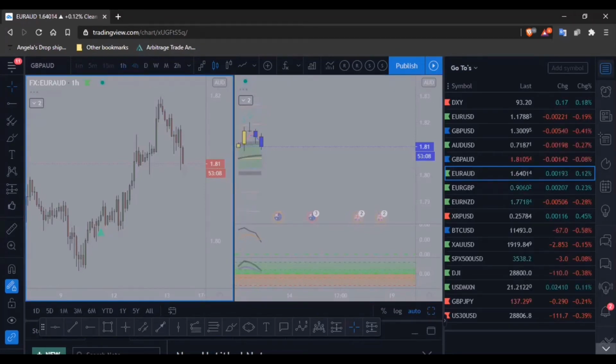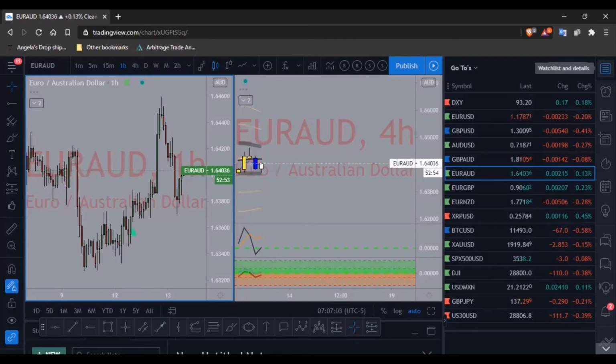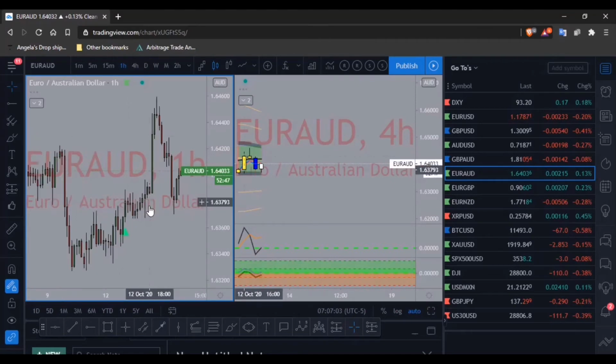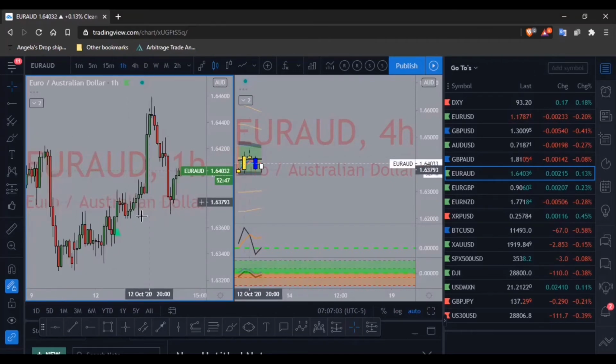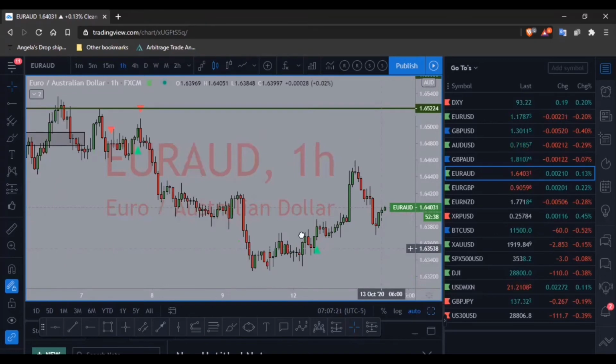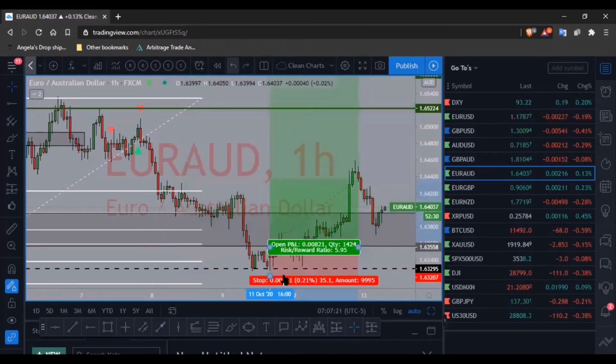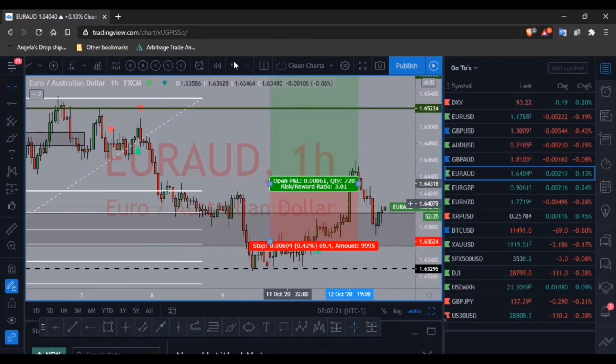Let's see what EURAUD is looking like. All right, so EURAUD really tried to play my life, and I think it almost came close to hitting my stop loss at break even, but it didn't. So I'm chilling. All right, so this trade, we're at break even, solid.